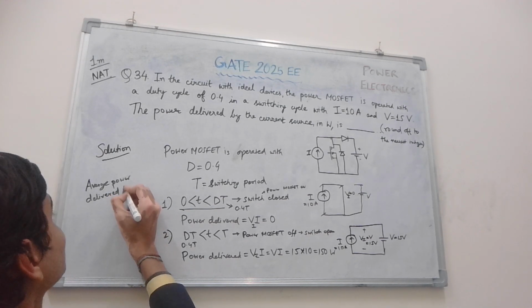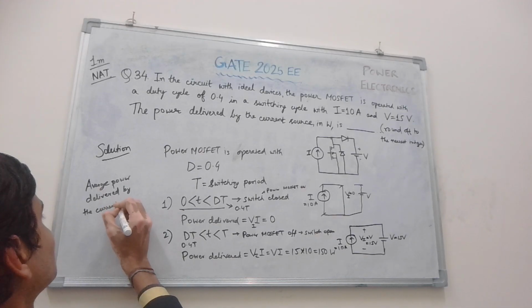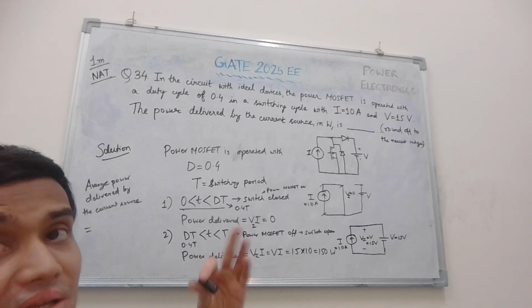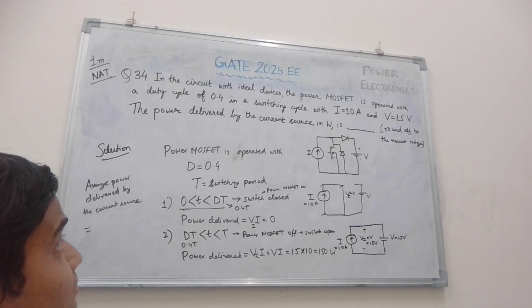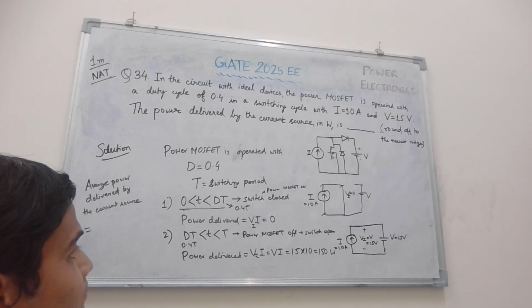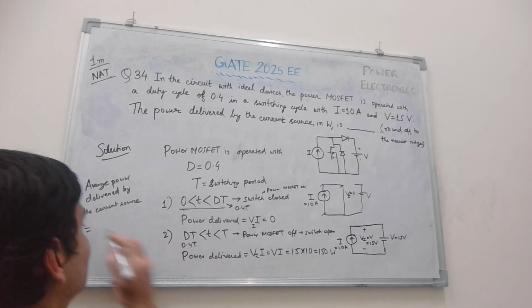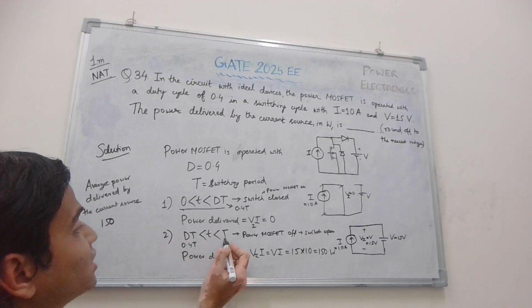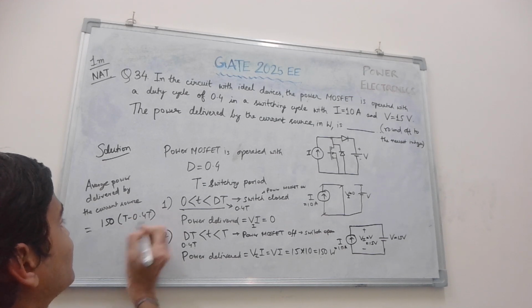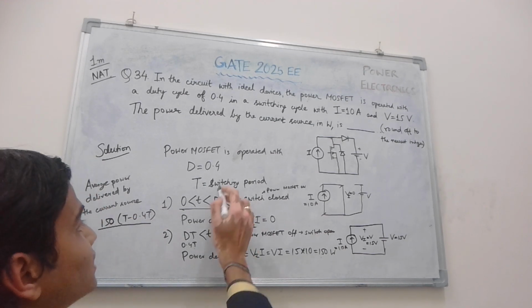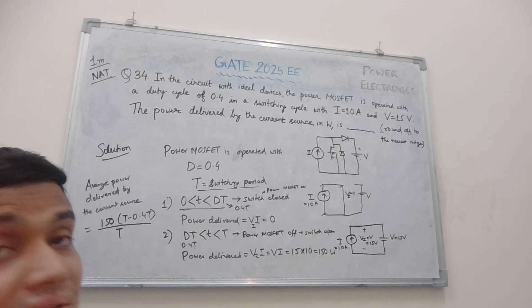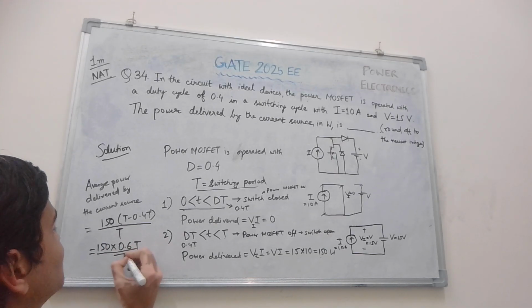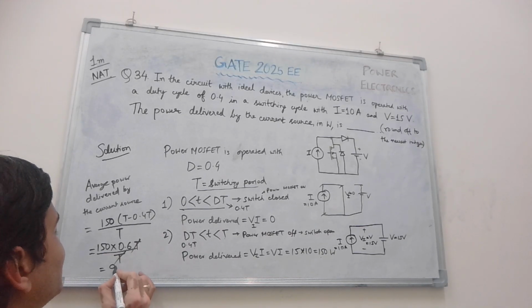The average power will be the energy delivered by the current source in a complete cycle divided by the time. Energy is power into time: 150 into the time interval 0.4T to T, that is T minus 0.4T, divided by the total switching period T. That gives 150 into 0.6T upon T. T cancels out, and 150 into 0.6 gives 90.